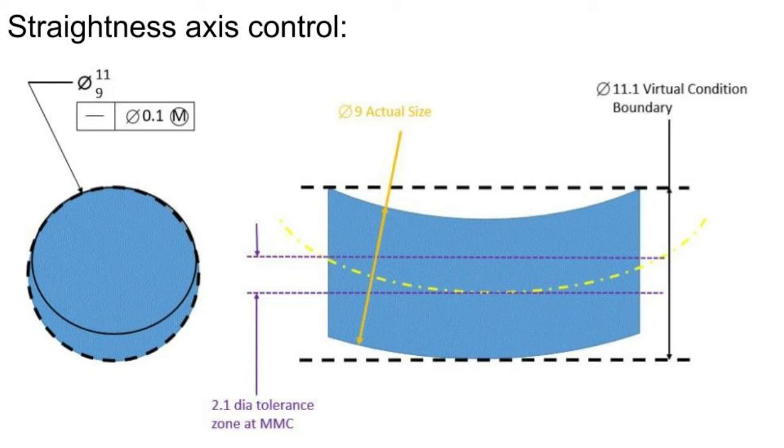Virtual condition boundary is nothing but the outside boundary. This value is constant for this part. Note that the 11.1 inch virtual condition boundary is never violated. Applying straightness to the feature of size will result in a virtual condition boundary that cannot be violated.